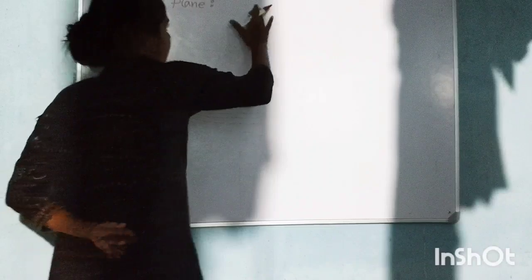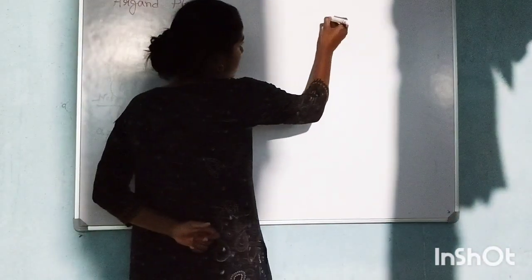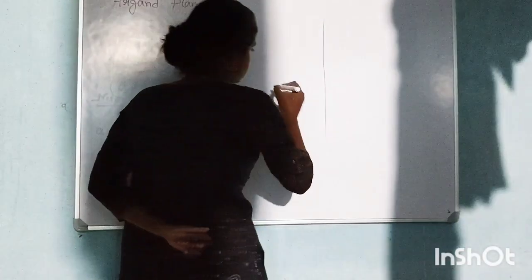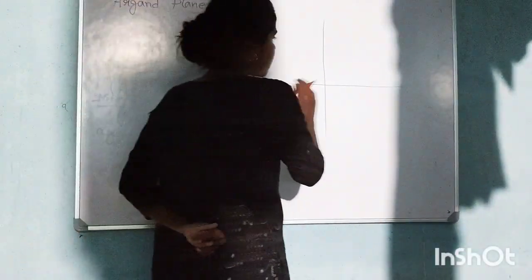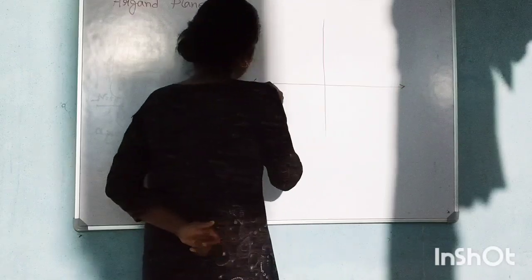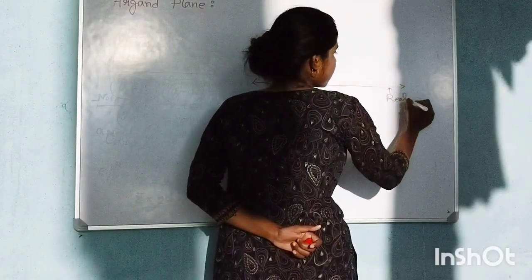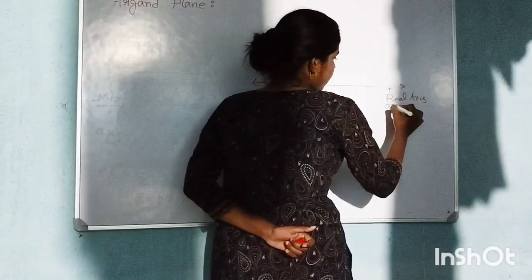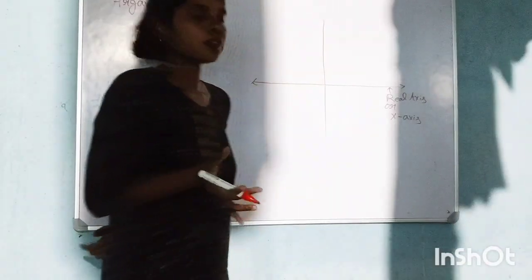I have said that the Argand plane is like the Cartesian plane. So there will be a vertical axis and a horizontal axis. This horizontal axis is also called the real axis, or we can call it the x-axis, or horizontal axis also.